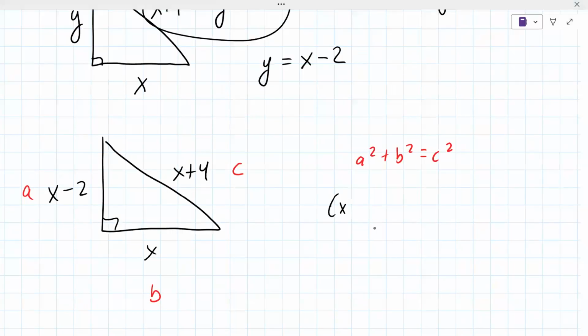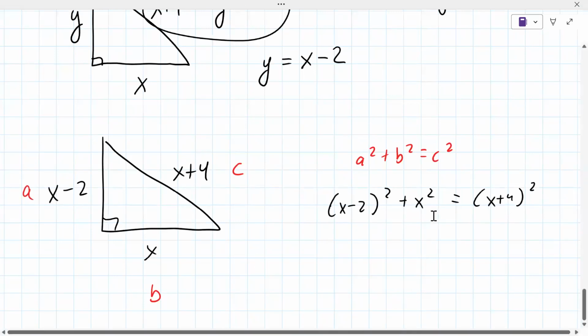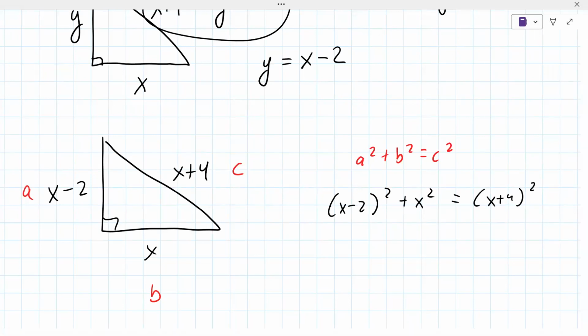And so that's x minus 2 squared plus x squared equals x plus 4 squared, like that. Do you want to try solving it from here? Yeah.